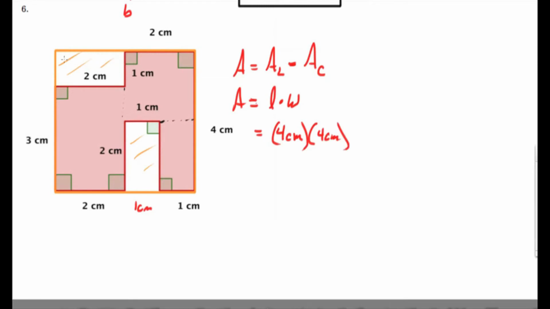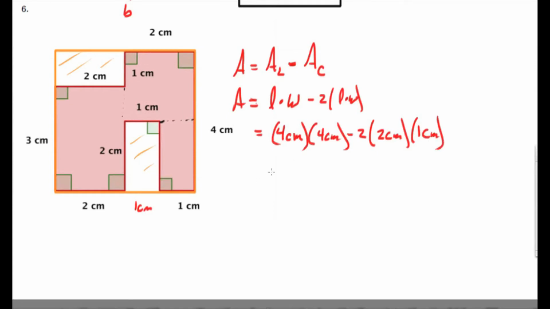Now I'll be cutting out these pieces here, so this is 2 by 1, and this one right here is also a 2 by 1, so I'll be cutting out two 2 by 1 pieces. So I can say, I'll be cutting out 2 length times width here. They're exactly the same rectangle, so 2 centimeters and 1 centimeter would be the width.